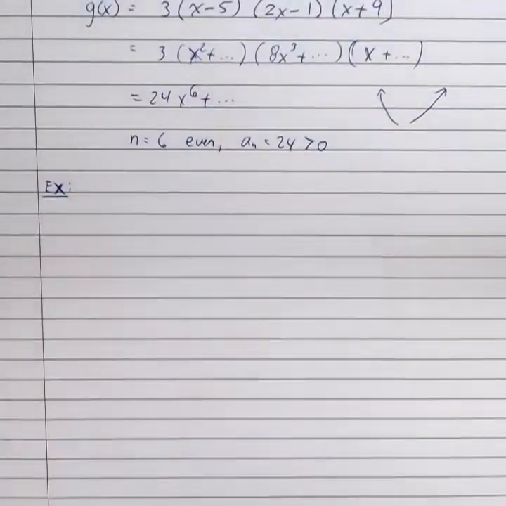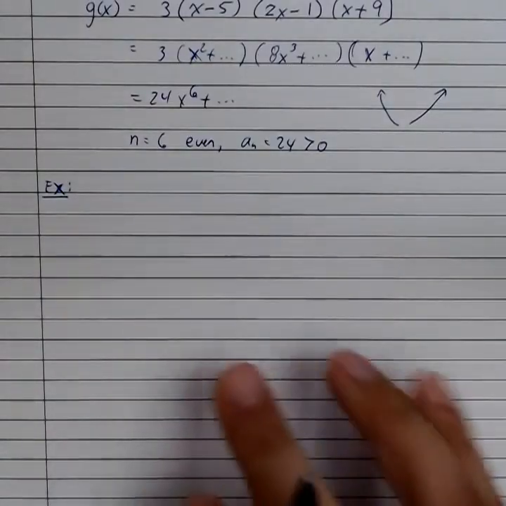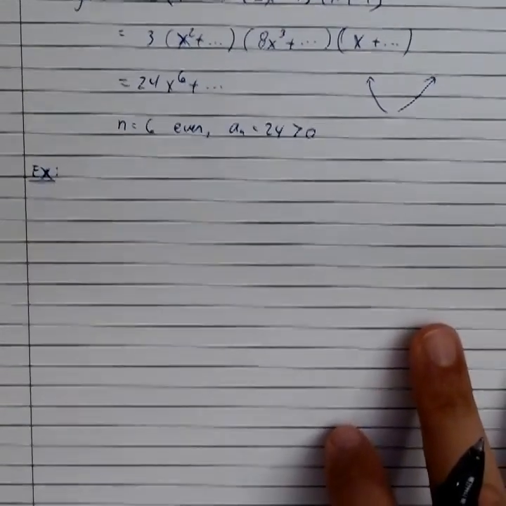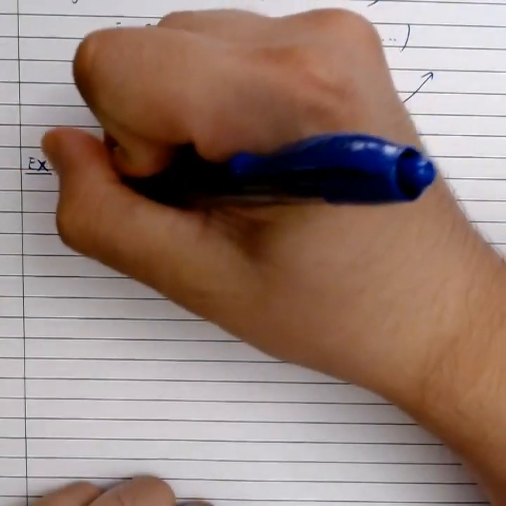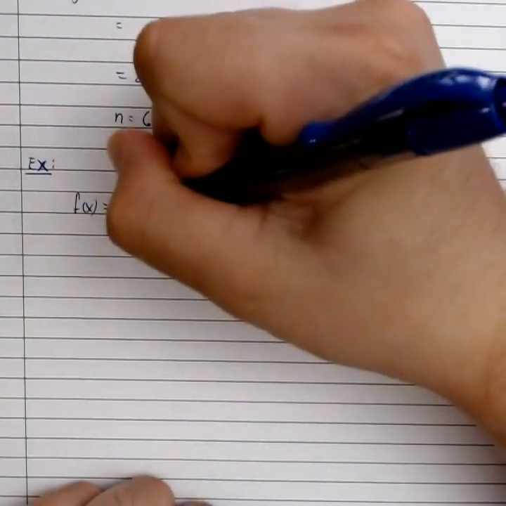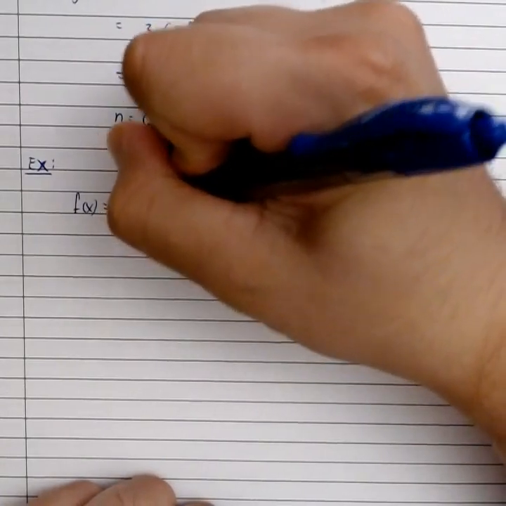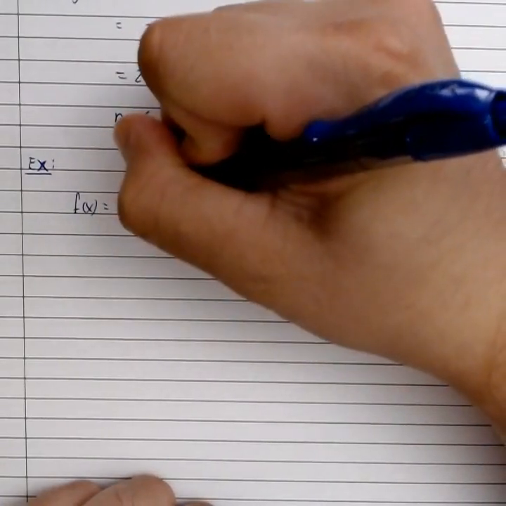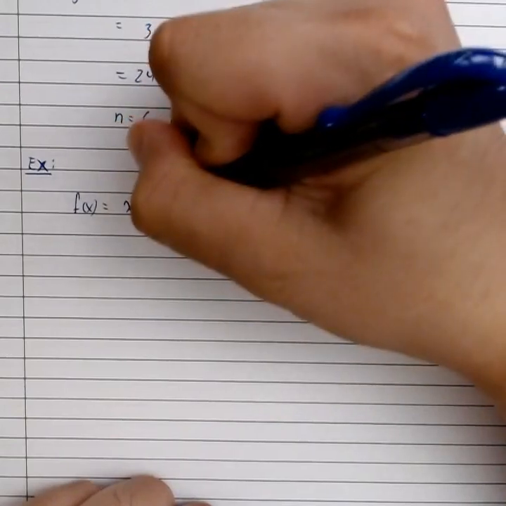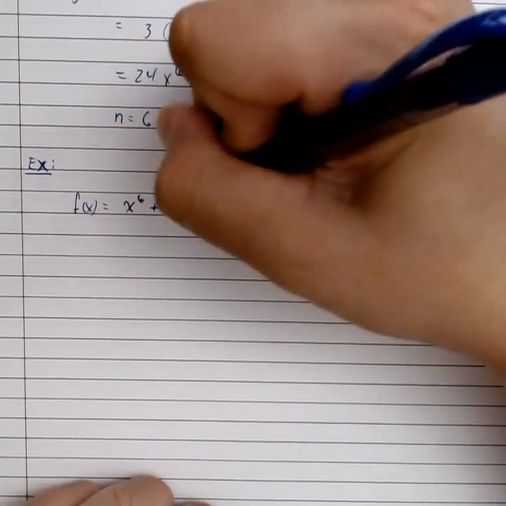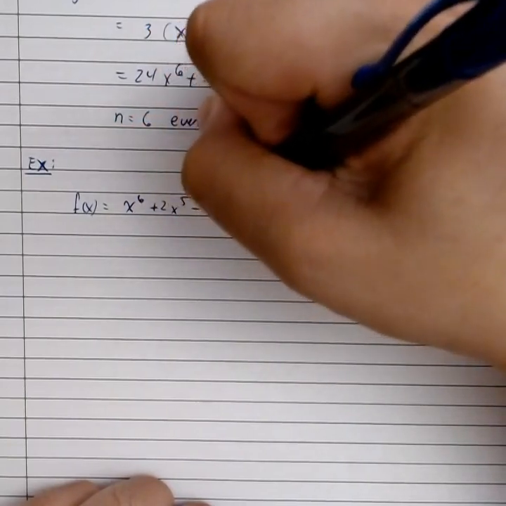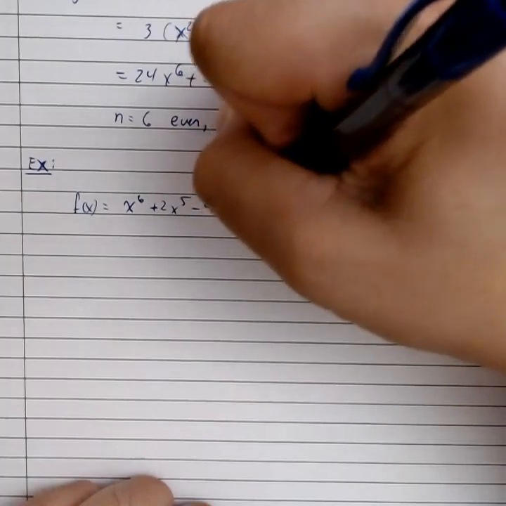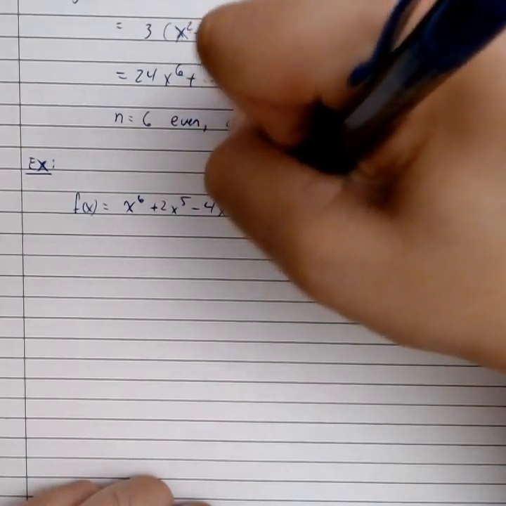In particular, let's talk about the language of what we are trying to do. Let's make sure we can speak about things appropriately. So let's say we have a polynomial function, f of x equals x to the 6th power plus 2x to the 5th power minus 4x to the 4th power minus 8x to the 3rd power.